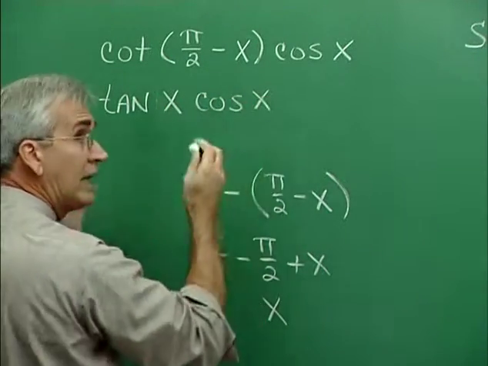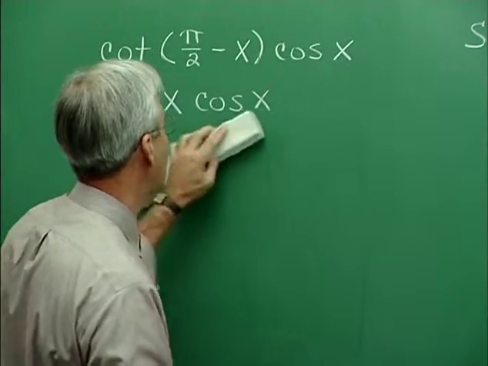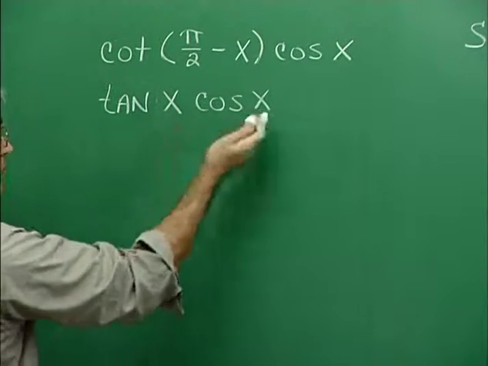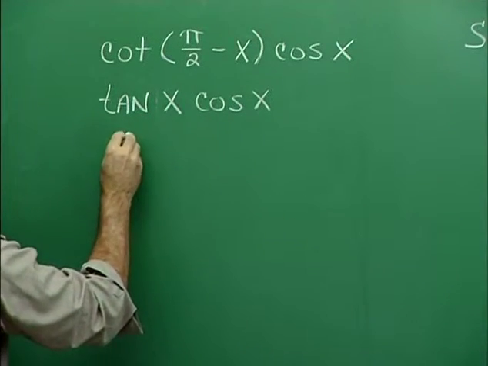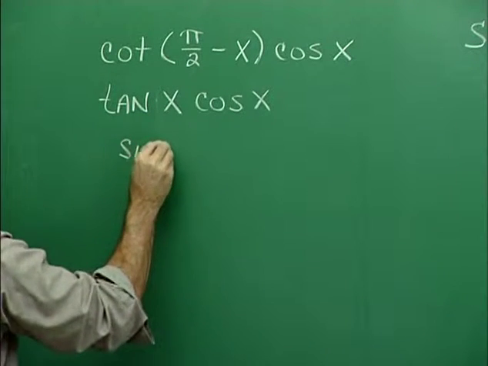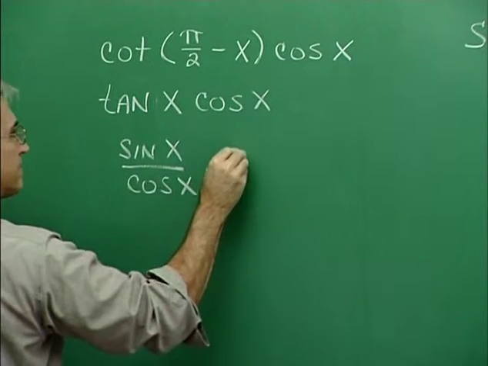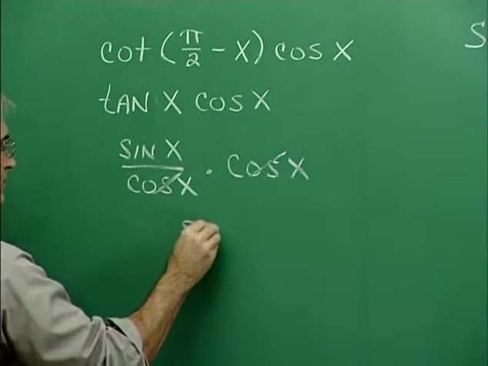And that's the main technique that I want to show in this problem. Okay, so that's the idea. Now we could take this problem a little further, because we have an opportunity for cancellation if we rewrite tangent x as sine x over cosine x. So those go out and this becomes simply sine x.